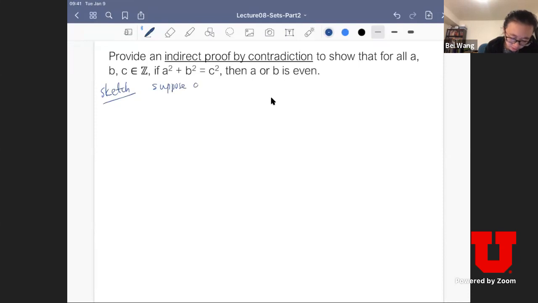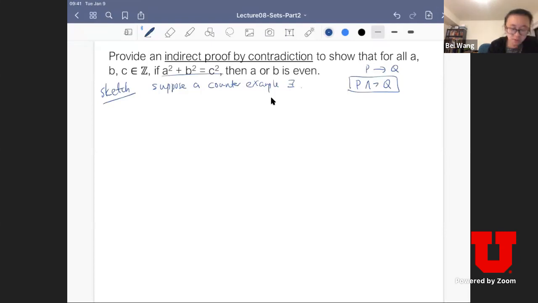Suppose a counterexample exists. Whenever we think about a counterexample, if we have statement P implies Q, a counterexample is P and not Q. So what is my P?